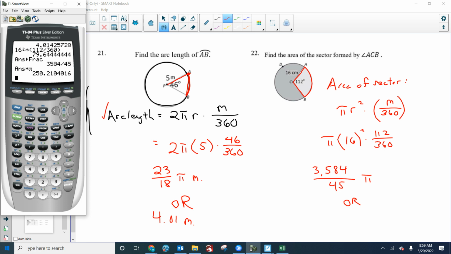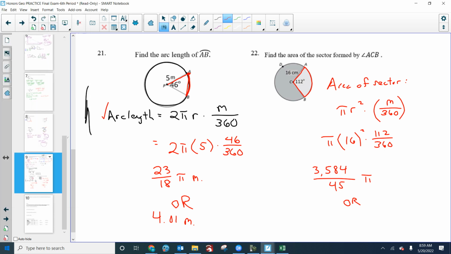Most people probably have that number, right? 250.21. Now, what would the correct units on that be? Centimeters squared. Good. It's an area.